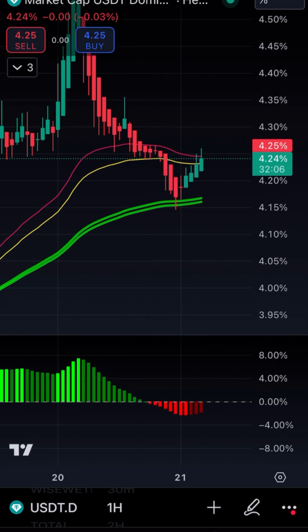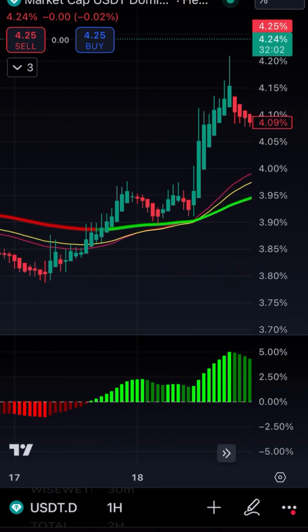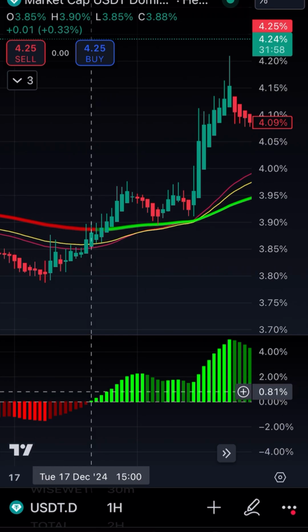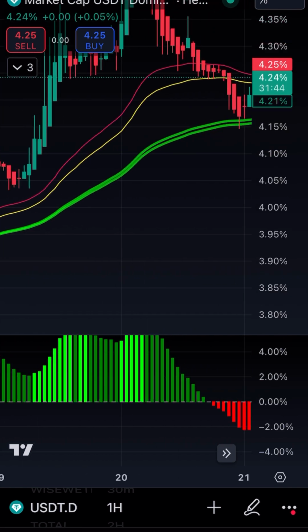If USDT goes up, like right here, that's what you want to look for. You want to look for it to be crossing the zero line or crossing with the 20/25, 99.5. So if USDT is going up, Bitcoin is going down. Bitcoin will be the first one that is affected by it.